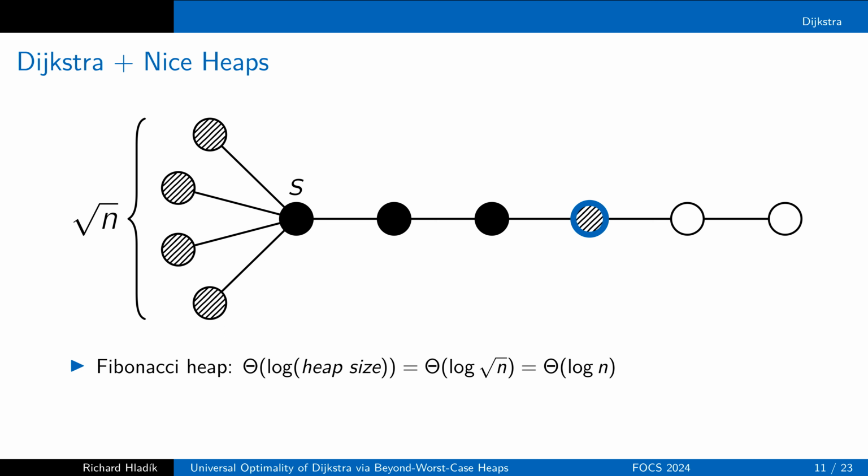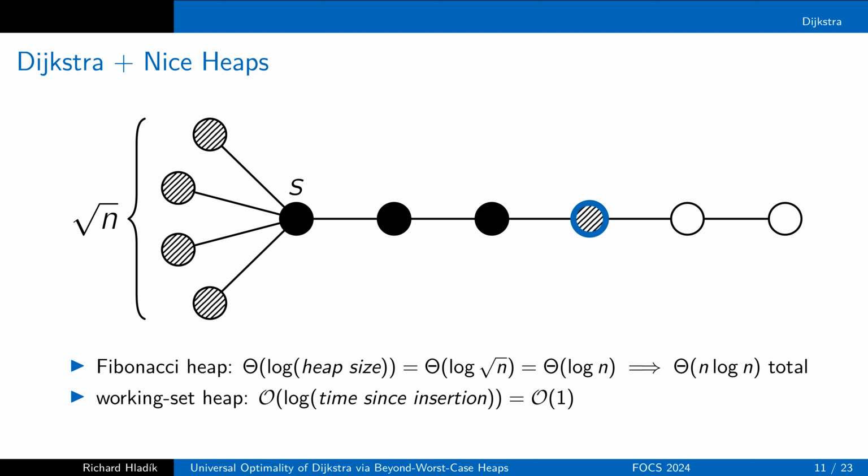And this is crucial, because now if we run this with some regular heap, then since the size of the heap is now square root of n, every delete-min costs us a logarithmic amount. But the cost of the working set heap is still constant, because the working set definition doesn't care about what's in the heap, it only cares about the age of an element, and this is still constant.